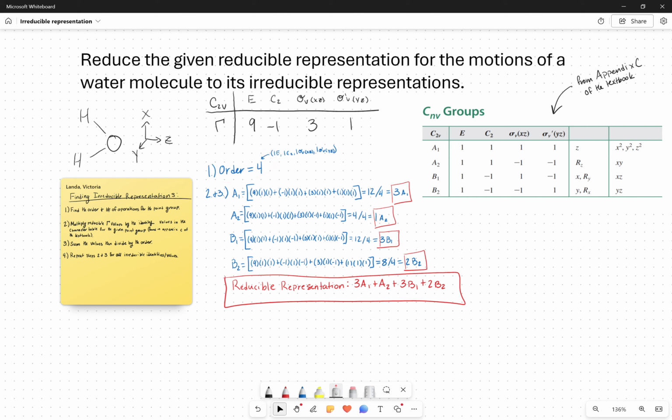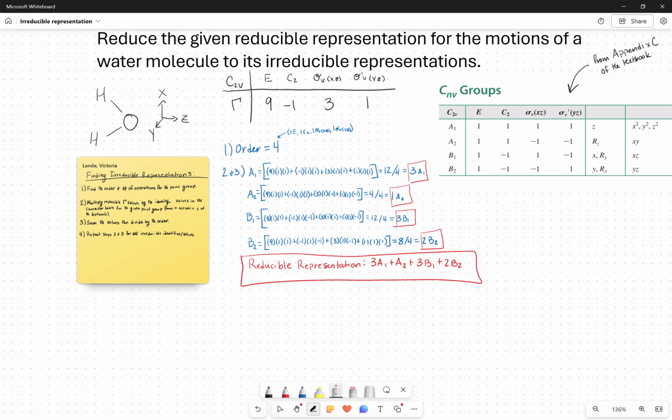This order matters because in order to find our irreducible representation, we're going to take our reducible gamma values here, and we are going to multiply these values by the identity values in the character table, which is right here.